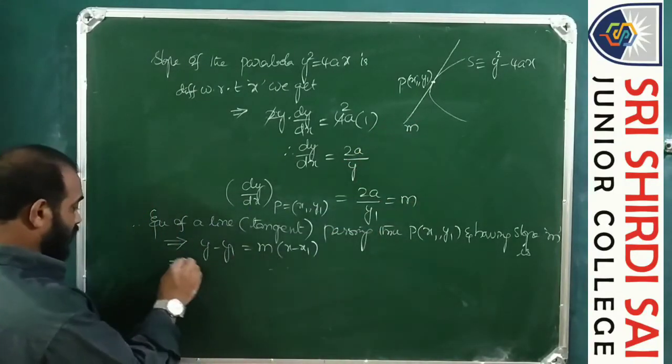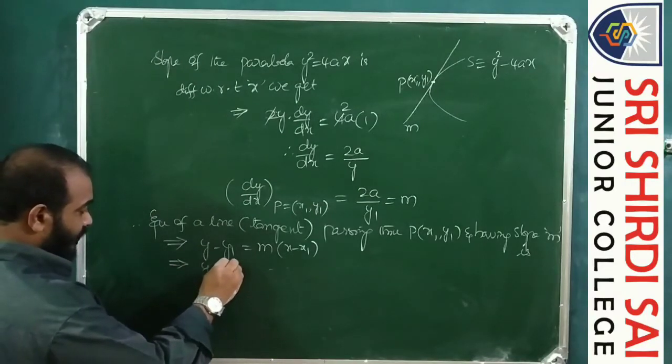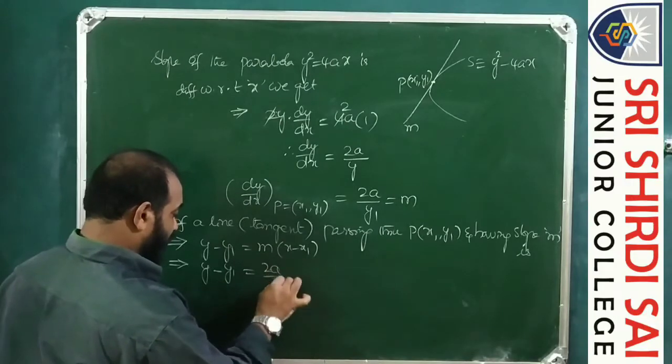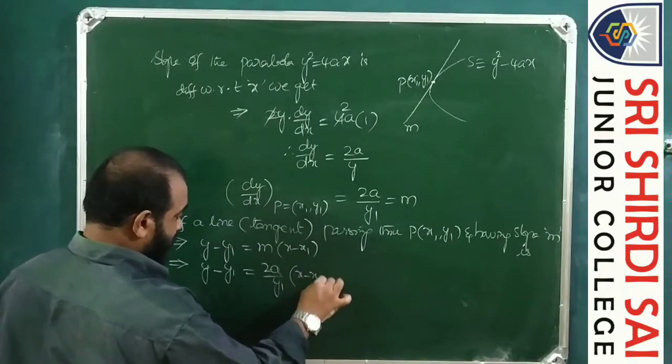So y minus y1 equals m, which is 2a by y1, into x minus x1.